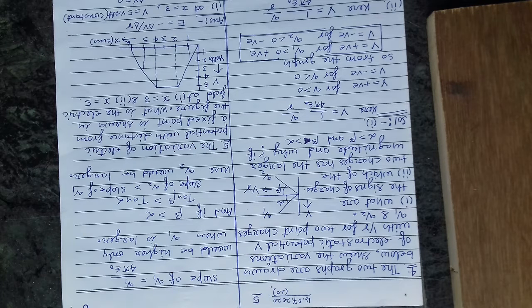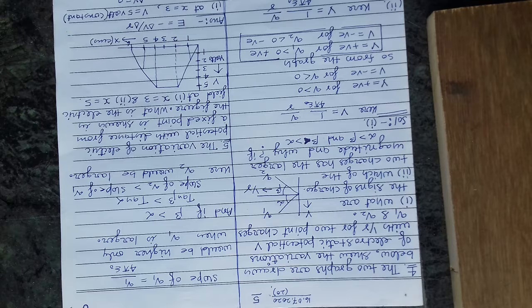So V is directly proportional to Q. You know V is positive for Q greater than 0 and V is negative for Q less than 0. So from the graph we can see V is positive for Q1 greater than 0. It means Q1 is positive as I stated earlier.